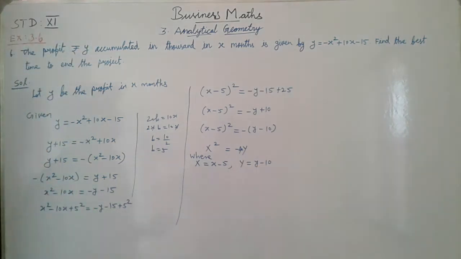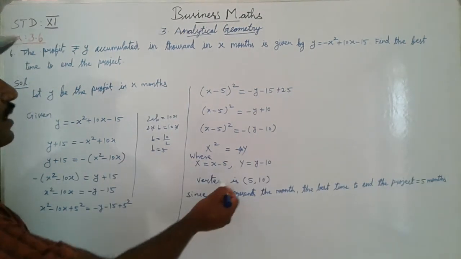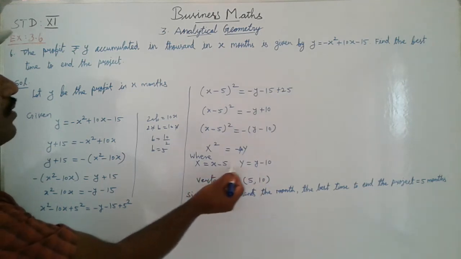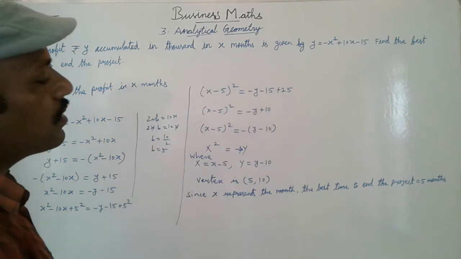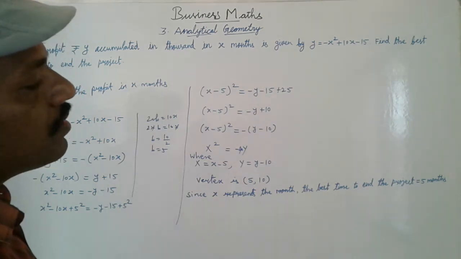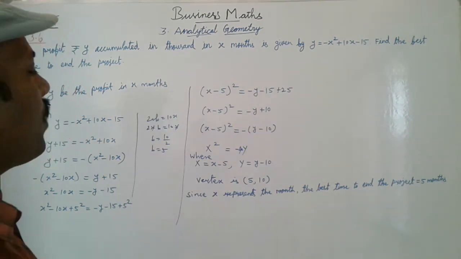The vertex is (5, 10). Since x represents the month, the best time to end the project is 5 months.